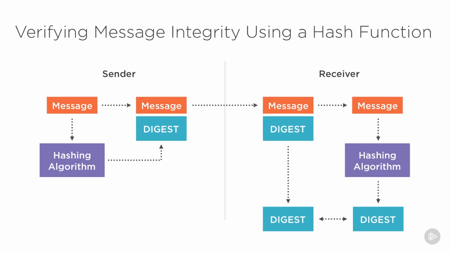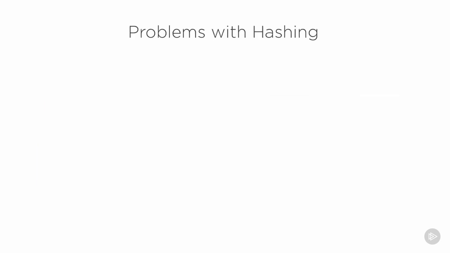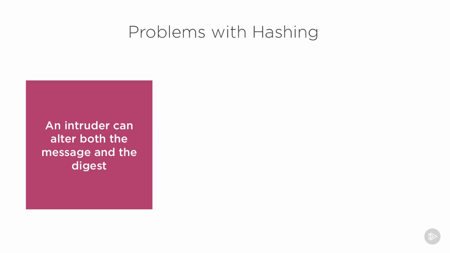This, of course, can be done using hashing algorithms such as MD5 and SHA-1, but there are some problems with this. If we put an intruder into the middle of that communications channel, they would be able then to alter the message and also alter the digest and send the different digest along with the message.